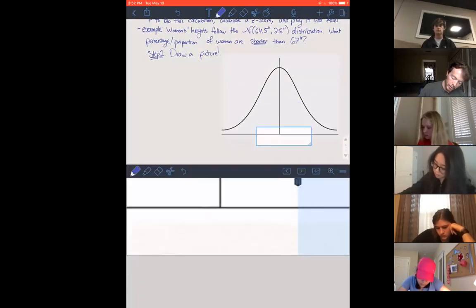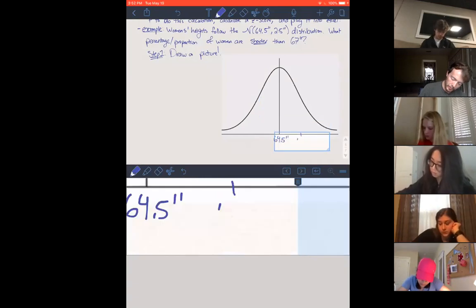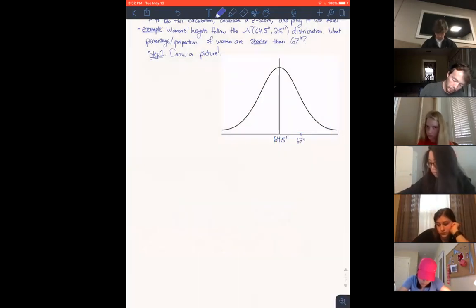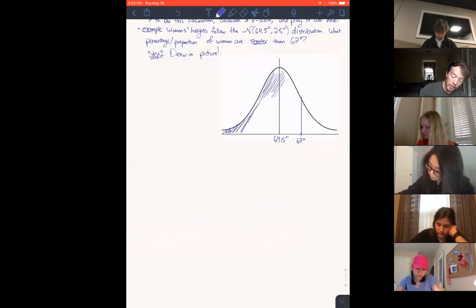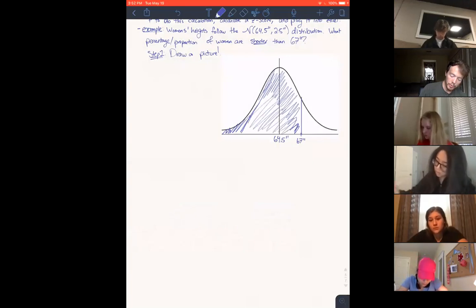It is centered at 64.5 inches, right? And I want to know something about this point, 67 inches. Specifically, I want to know the proportion of people that are shorter than that. And that is going to correspond to an area under the curve calculation less than or equal to this cutoff point of 67.